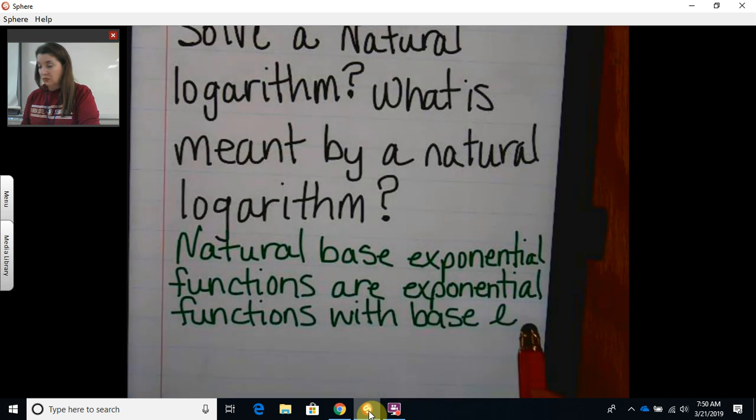And we know when we see that little cursive lowercase e, that is Euler's number, represents approximately 2.71828, right? So we're going to write that down.